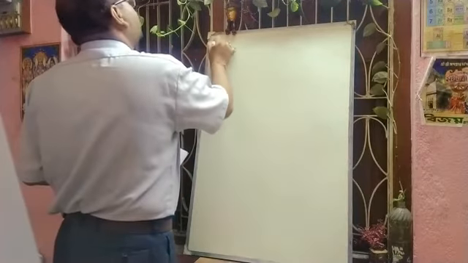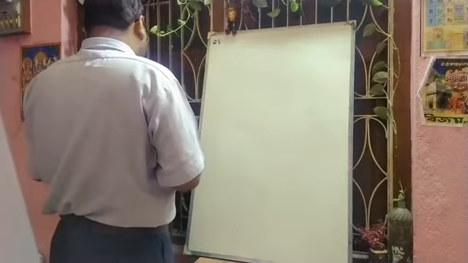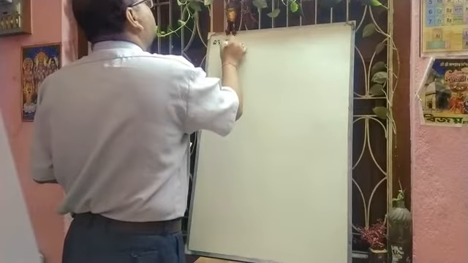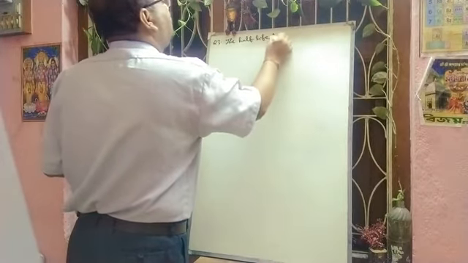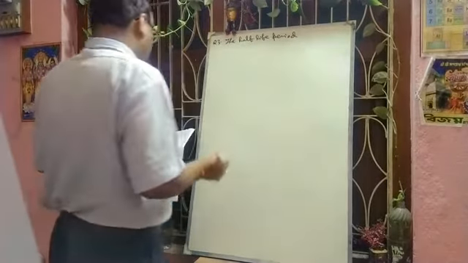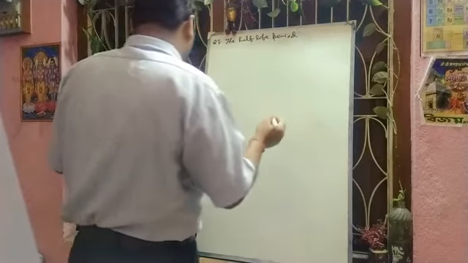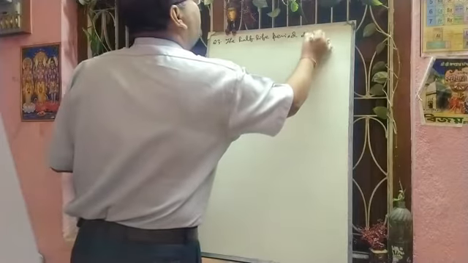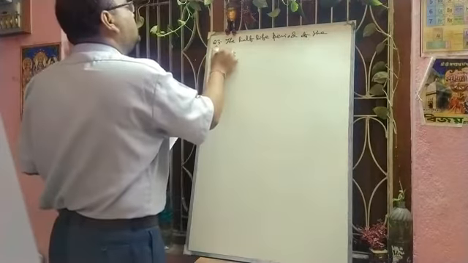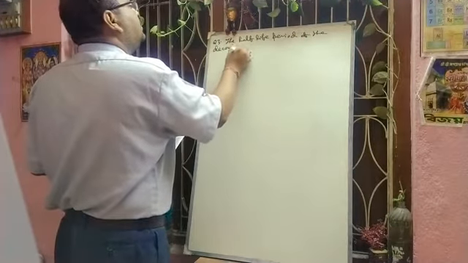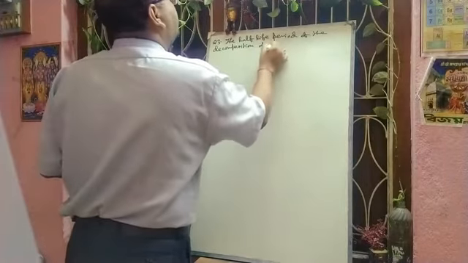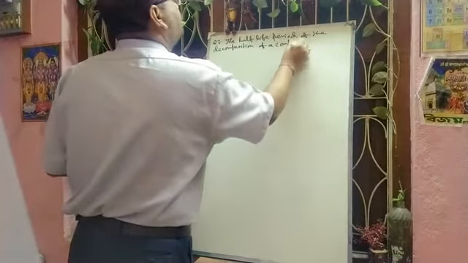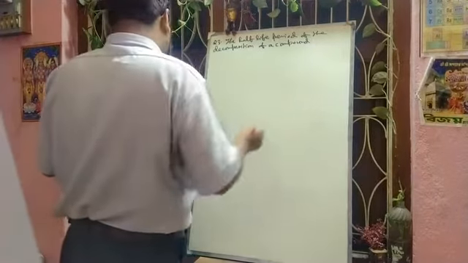Next, question 3. The half-life period of the decomposition of a compound is 20 minutes.